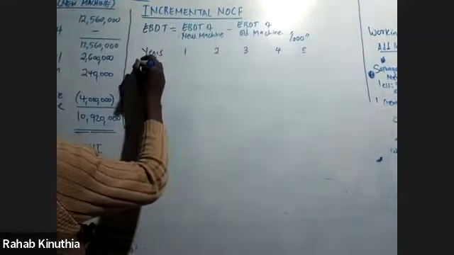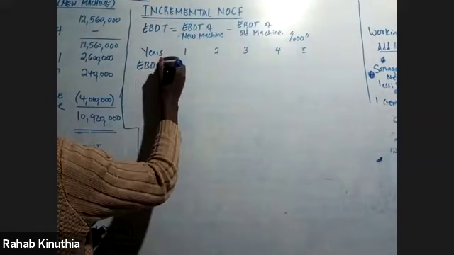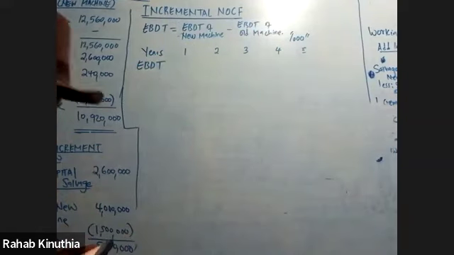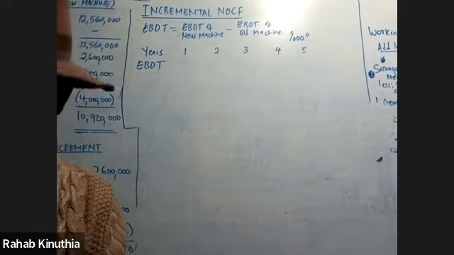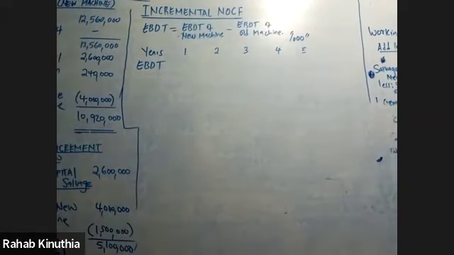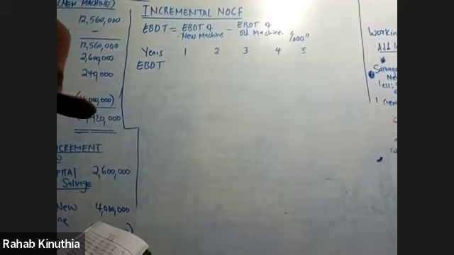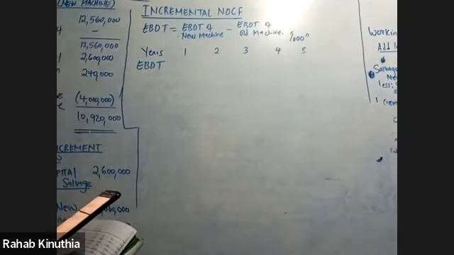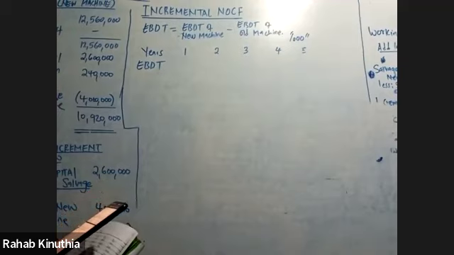So tunaanza na EBITDA, earning before depreciation and tax. So the difference between the two. So 54 minus 32. Itakuwa ngapi? Itakuwa 22.